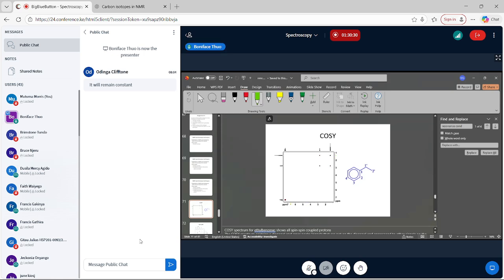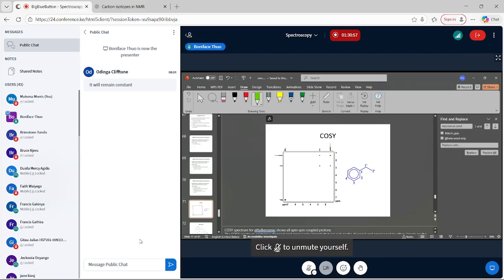So if you were to plot a diagonal here, it would correspond to the 1D NMR spectrum, but now in this case, the intensities are suppressed. Then we can use the two axes to tell us the chemical shifts.